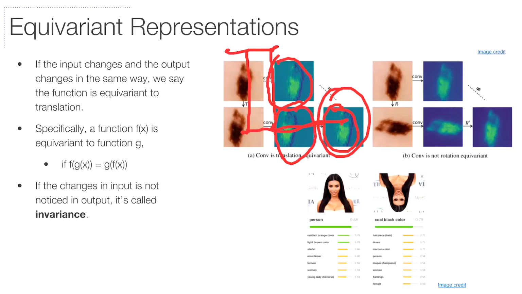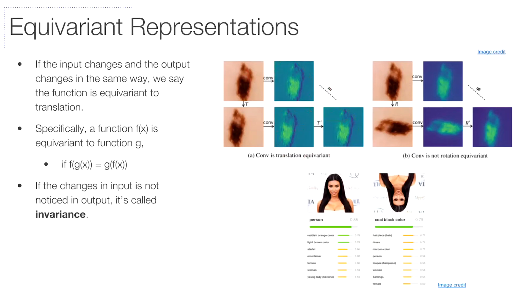So think about two transformations. In the first translation, you're actually shifting 1 pixel to the right. In the next translation, you're probably making it much sharper, right? So it doesn't matter if you make it sharper first and shift the picture 1 pixel right, or you shift the picture right and sharpen it later. The output will be the same. Then we say that it's equivariant representation. What is not equivariant?